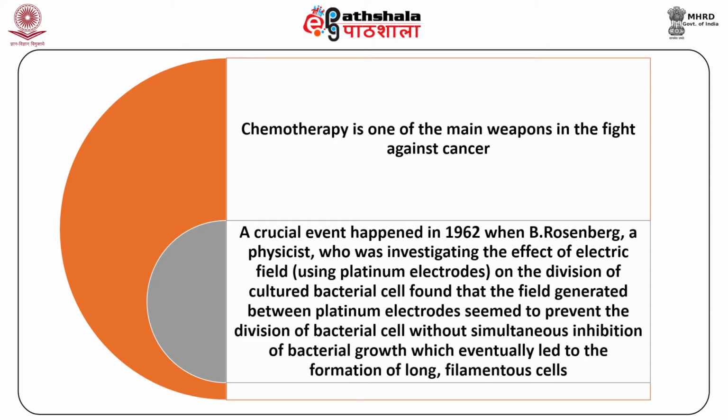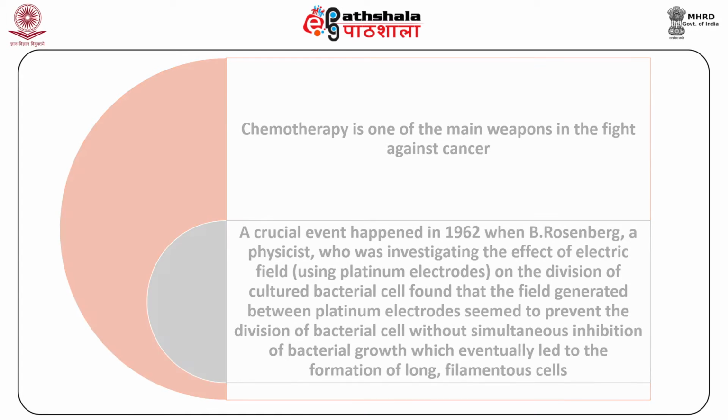Chemotherapy is one of the main weapons in the fight against cancer. A crucial event happened in 1962 when B. Rosenberg, a physicist who was investigating the effect of an electric field using platinum electrodes on the division of cultured bacterial cells, found that the field generated between platinum electrodes seemed to prevent the division of bacterial cells without simultaneous inhibition of bacterial growth, which eventually led to the formation of long filamentous cells.